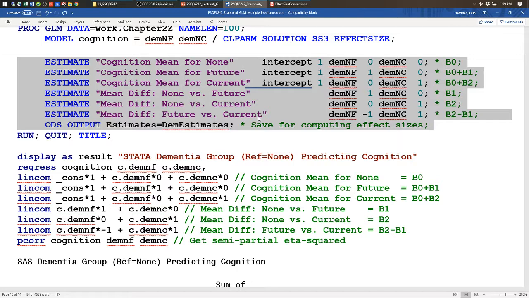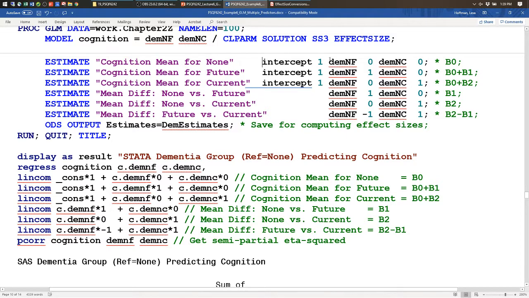It drops. The intercept contributes to each group mean, but it cancels in thinking about how one mean differs from the other. The only time you need the intercept is when what you're trying to create is a predicted outcome for a specific type of person. In this case, the mean for cognition for the none group, or the future group, or the current group.